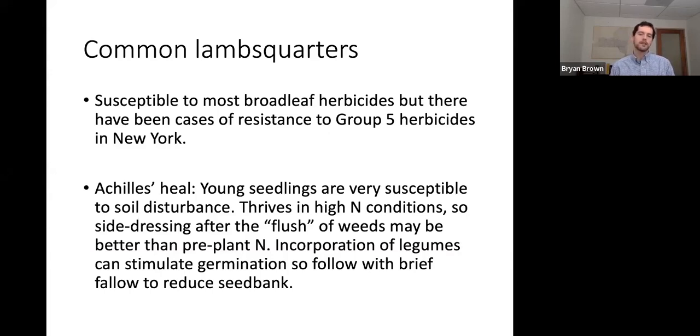Also, as I mentioned, because it thrives in really high nitrogen, highly fertile conditions, it may be best to side dress rather than pre-plant your nitrogen. And you've got to think about that too when incorporating your legumes. If you're just going to do a big incorporation of nitrogen there, you'll probably get a flush after that as well.